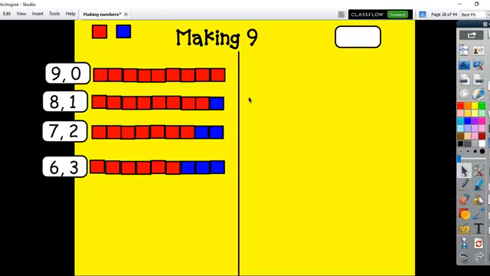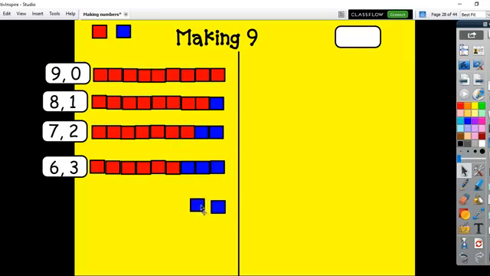All right. And like I said, I'm going to do the mirror over here when we start doing more with the blue in just a second. But I want to go ahead and do one more. And so as we build this growing pattern, we had 0, 1, 2, 3. This time I'm going to have 4.